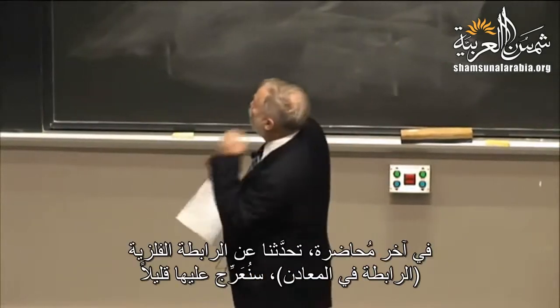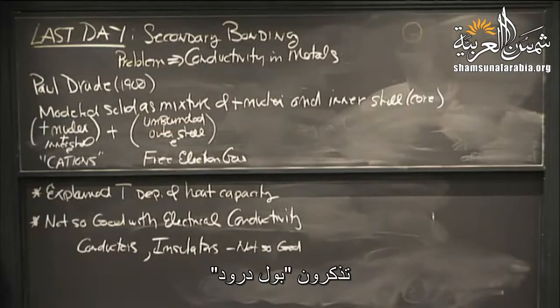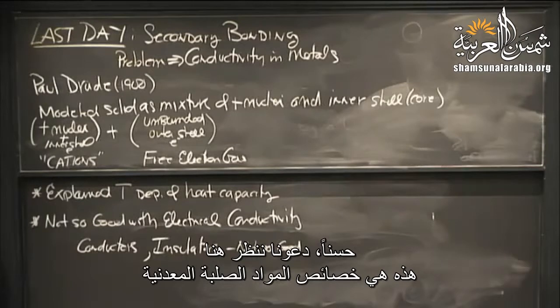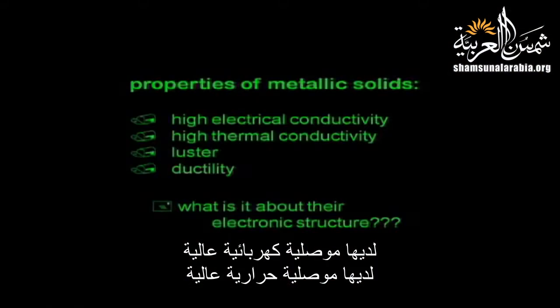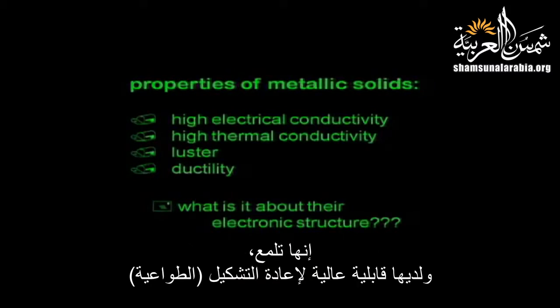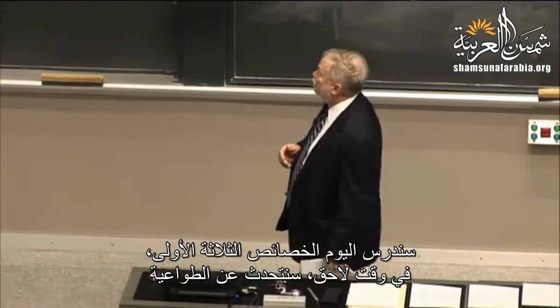Okay, remember last time we talked about metallic bonding, and we're sort of sneaking up on it. Remember Paul Drude. These are the characteristics of metallic solids. They have high electrical conductivity. They have high thermal conductivity. They shine. And they have ductility. So we're going to deal with the first 3 today, and later on in the course we'll talk about the ductility part.